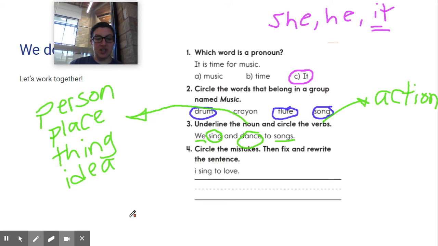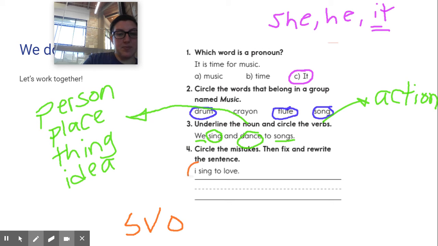So English is what we call a subject, verb, object language, an SVO, which means that we need the subject first, so who's doing something, then the verb, what are they doing, and then the object, what they are doing it to.